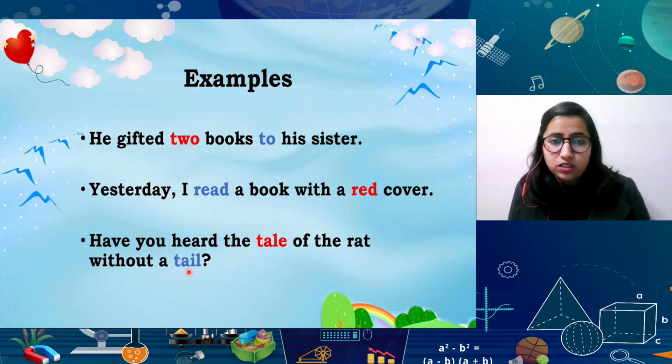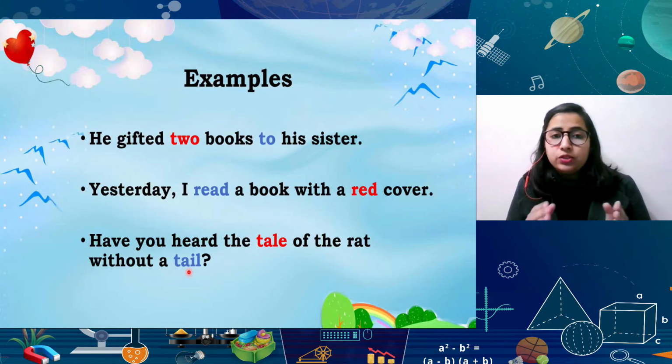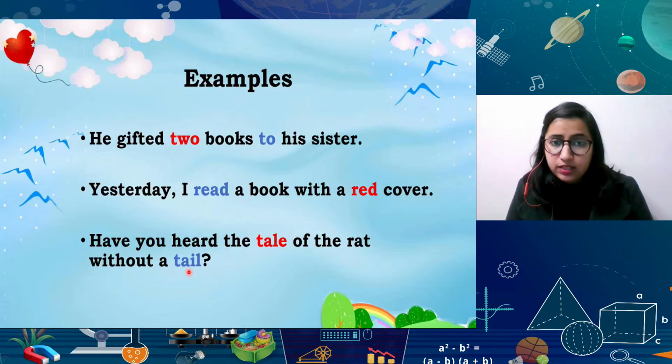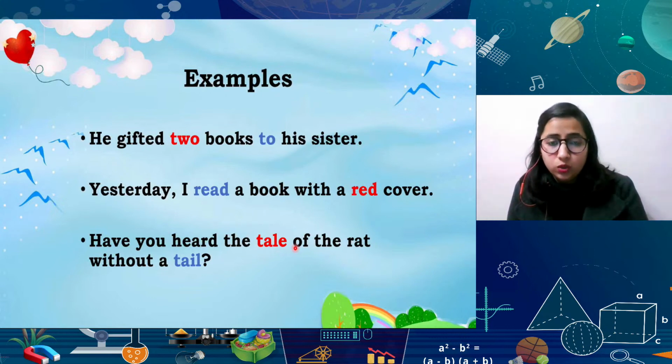You have seen dogs with tails, bushy tails, spiky tails, long tails, short tails. So this tail refers to that part which is present at the rear end of the animals, of many animals, not all. And the first tale, T-A-L-E, means a story. So we are talking about a story which is about a tailless rat.